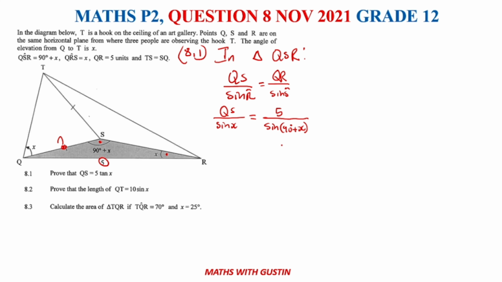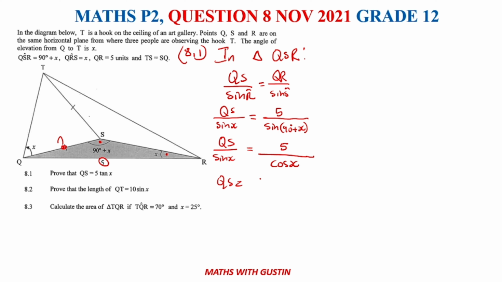Now we can cross multiply or simplify first, because what we have here is a reduction angle. Oh, I just love how they combine these concepts together, trigonometry and reduction angles. You must know that when you have sine of (90 plus X), it reduces to cos X. So now we can cross multiply.